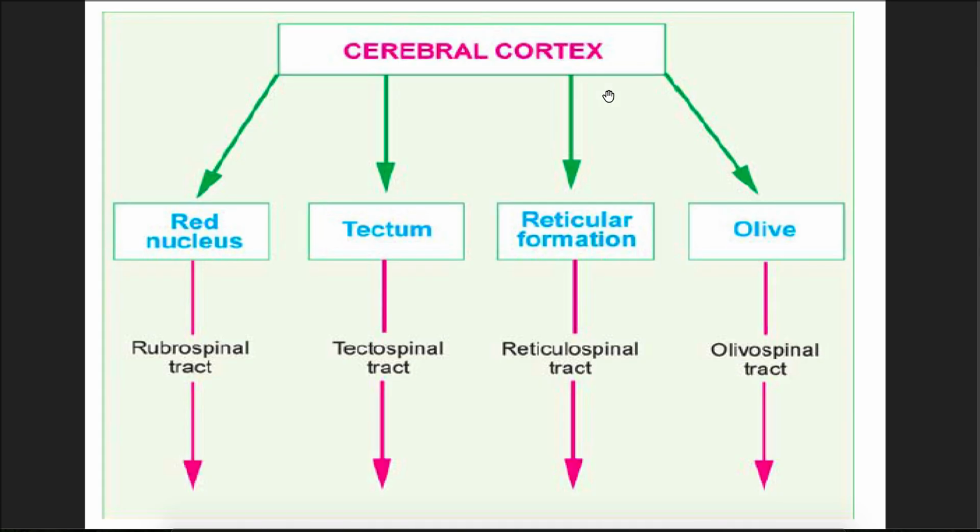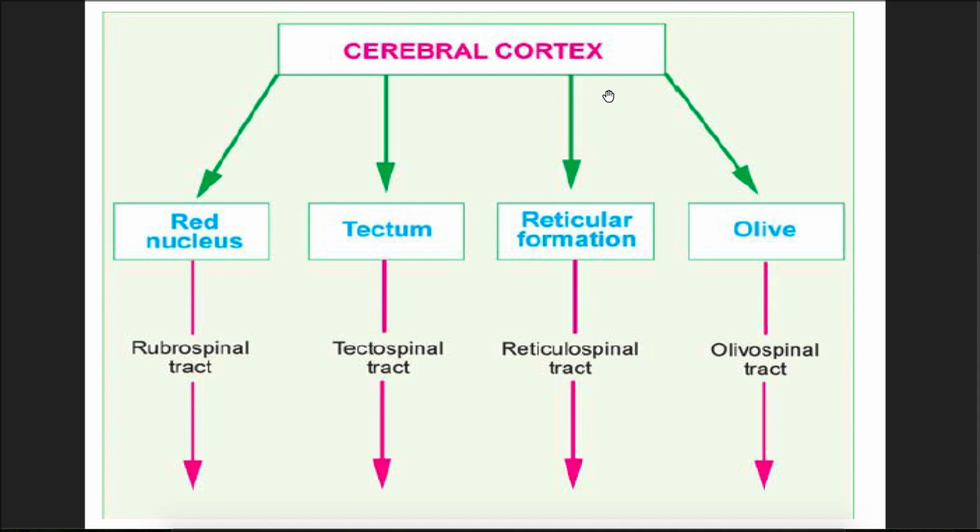Now, the main descending tract is the corticospinal. In addition to that, you have the rubrospinal tract, tectospinal tract, reticulospinal tract, and olivospinal tract. Now, this is a simplified diagram. We know that all these tracts are going to be influenced by the cerebral cortex.